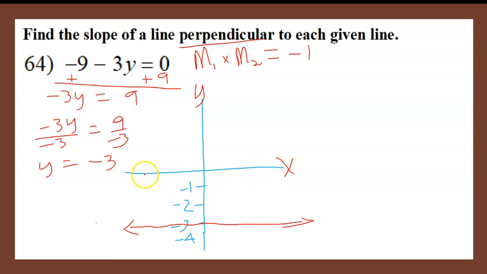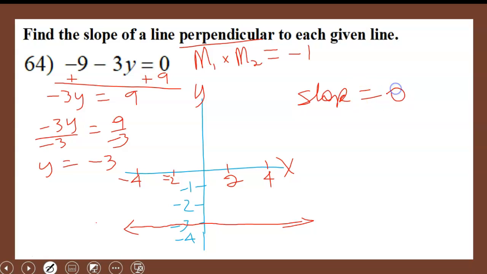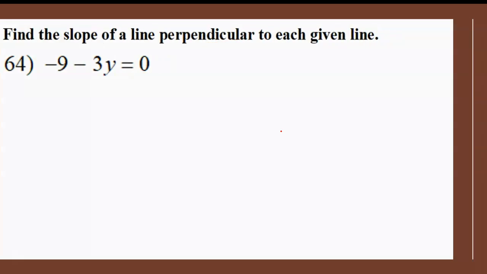X can be 0, x can be negative 4, x can be 2, x can be 4, x can be 100, whatever it is, y will remain negative 3. So this is the slope of a horizontal line. So we see the slope is 0. So the slope of a horizontal line is 0. So you can easily draw that one.